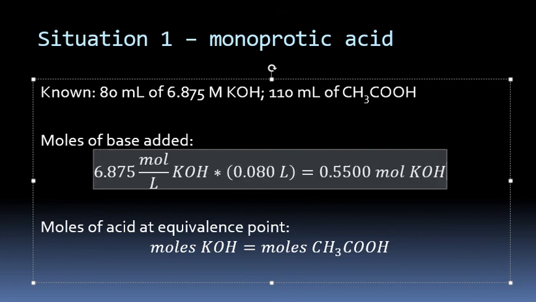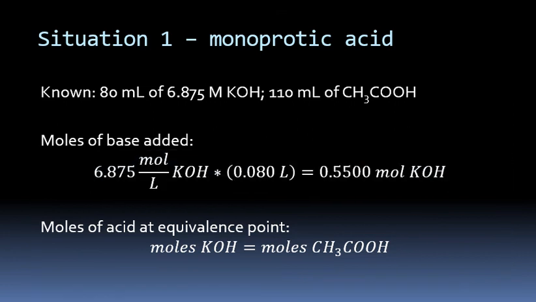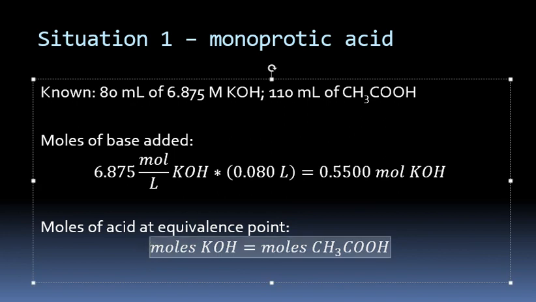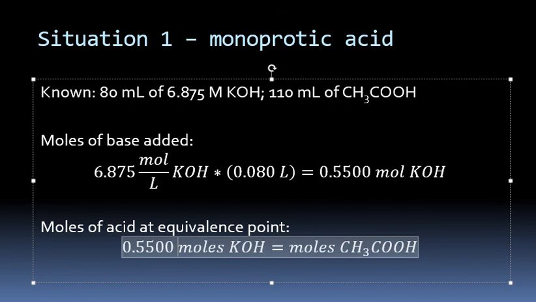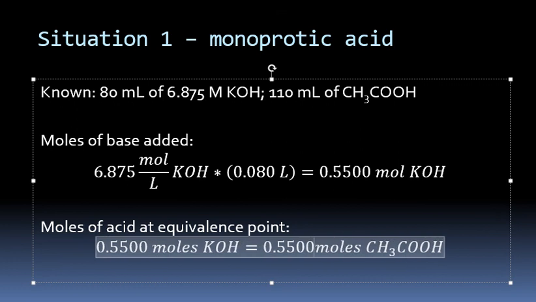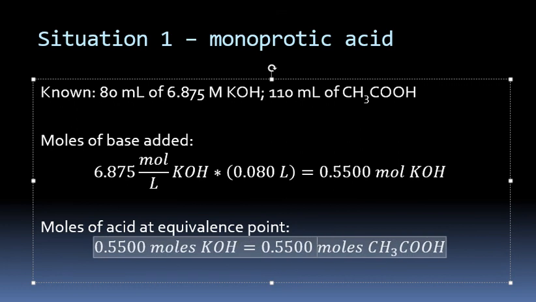So now the next thing to determine is the moles of acid that was neutralized in order to reach the equivalence point, or what were the moles of acid we originally started out with before we started titrating? Well, this reaction is a 1-to-1 ratio. Therefore, if we needed to add 0.55 moles of KOH to neutralize our acid, then we started out with 0.5500 moles of acetic acid.